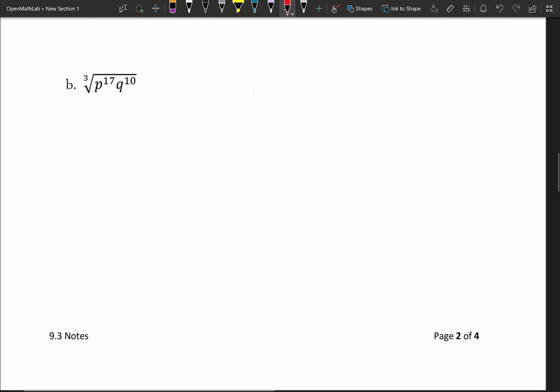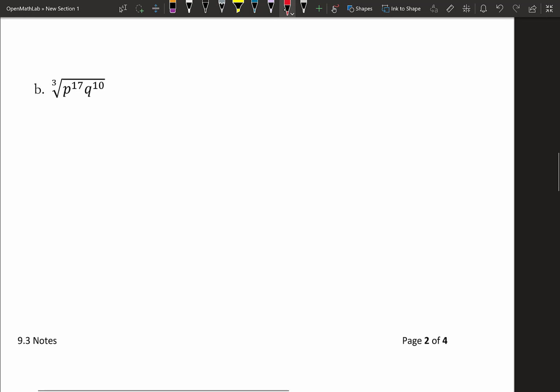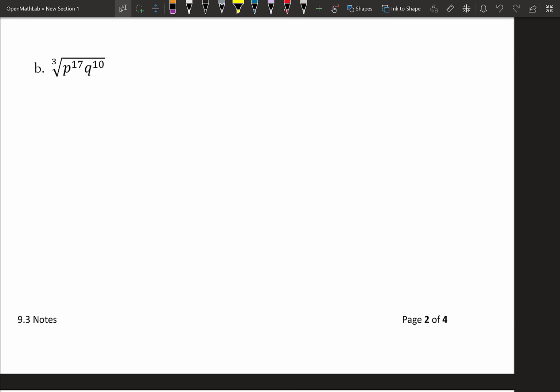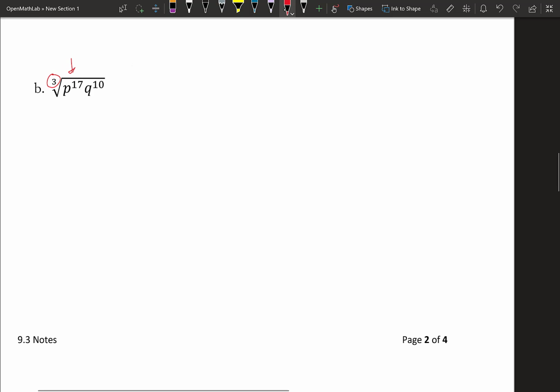So in part B, same idea. This time we have two variables raised to exponents in here. Again, what I'm focusing on is that this is an index 3. So I want to think of what's the biggest number that's a multiple of 3 but is less than 17.